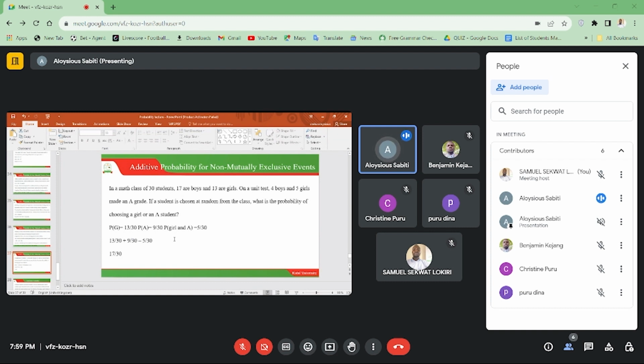This is what we're calling non-mutually exclusive, meaning you can have two outcomes at a go: you can choose a girl, but at the same time she also got an A. So we want to look at the probability of having a diabetic patient who also tested positive for hypertension.